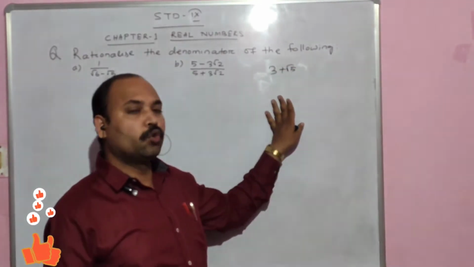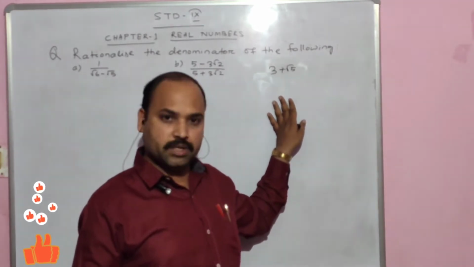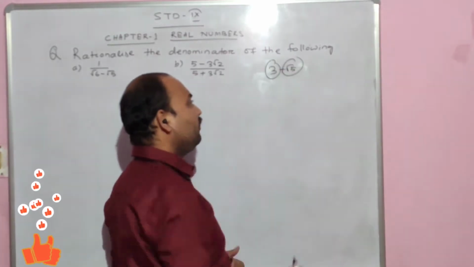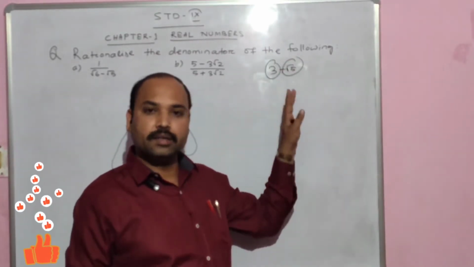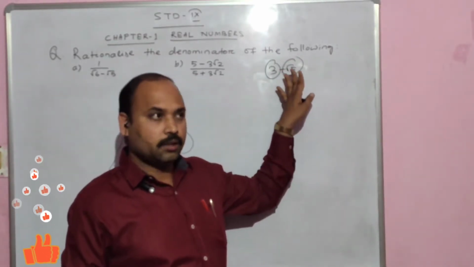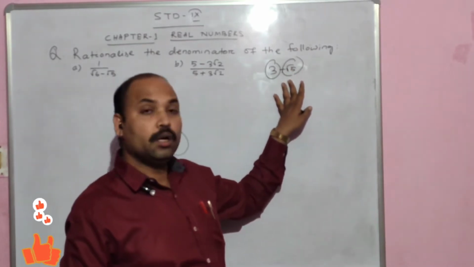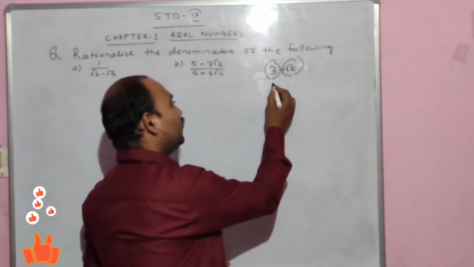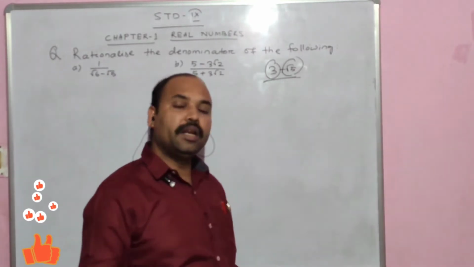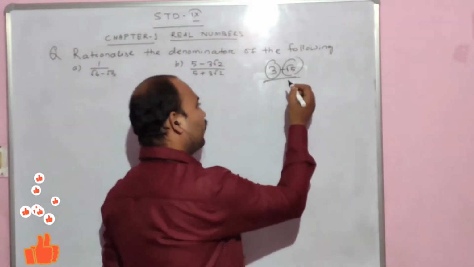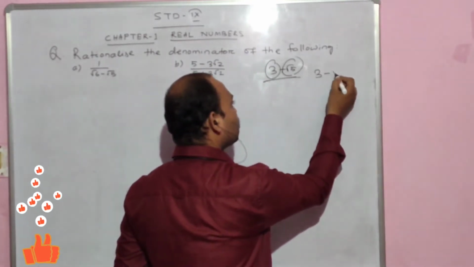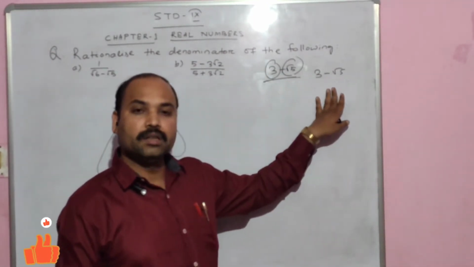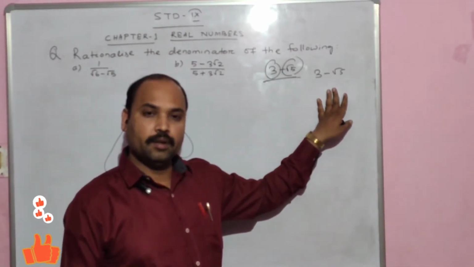Here two terms are there, root 5 and 3, that's why it is a binomial irrational number. When we write the conjugate number of 3 plus root 5, we write 3 minus root 5.